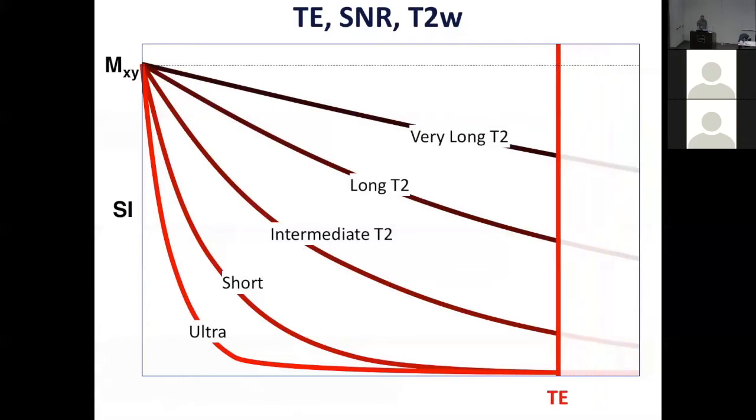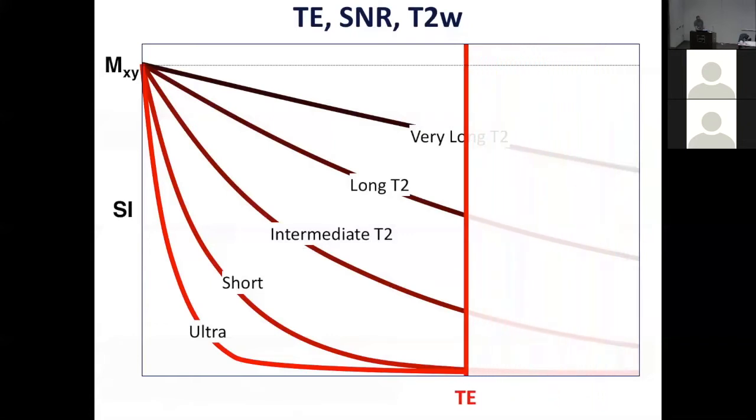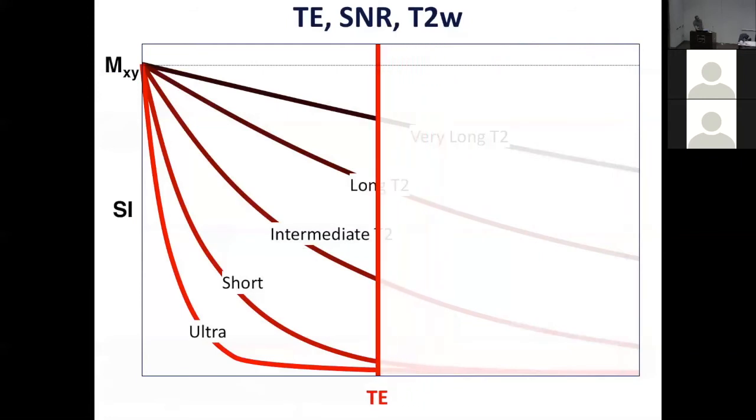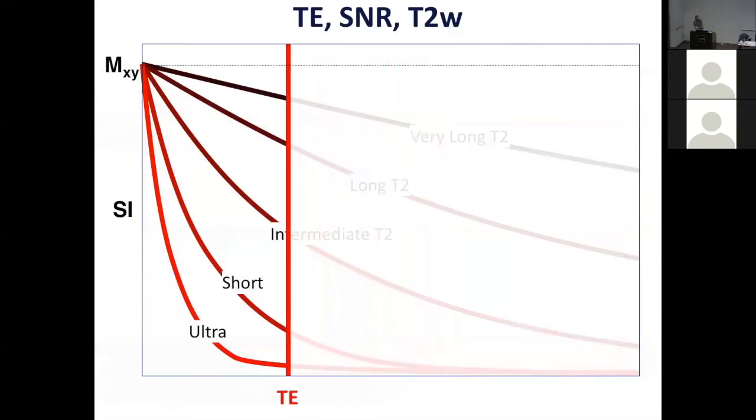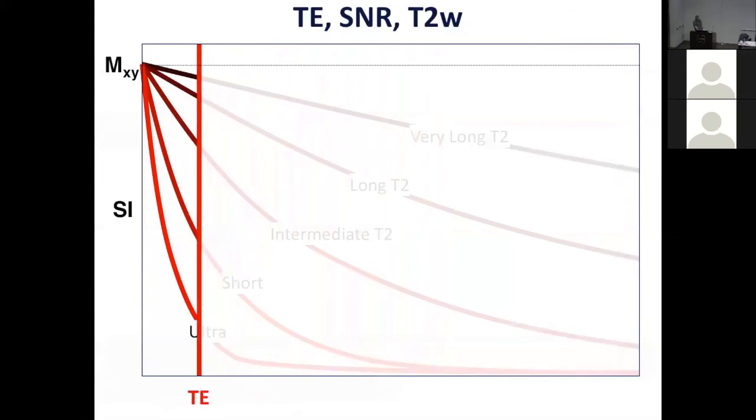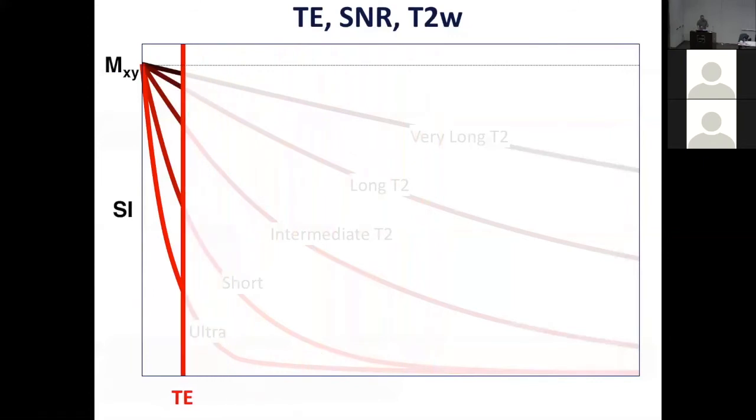As we decrease the TE, notice that eventually we're able to separate these two tissues. So this is another way of saying that the TE that maximizes the T2 weighting depends on the tissue or tissues you're trying to characterize or separate.